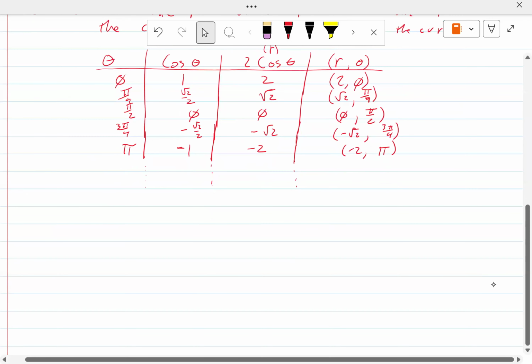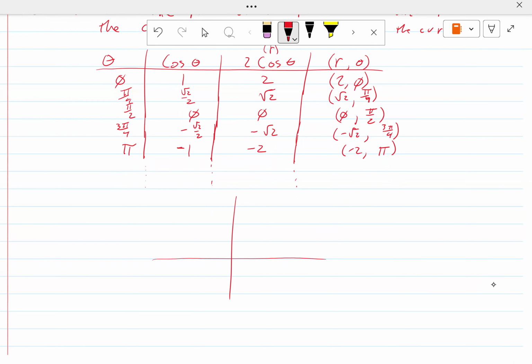So as we start to generate these points, we have to think in terms of angle and radius. So when the angle is 0, when theta is 0, I have a radius of 2. So maybe think of it kind of like a vector, that I have a magnitude of 2 at an angle of 0.